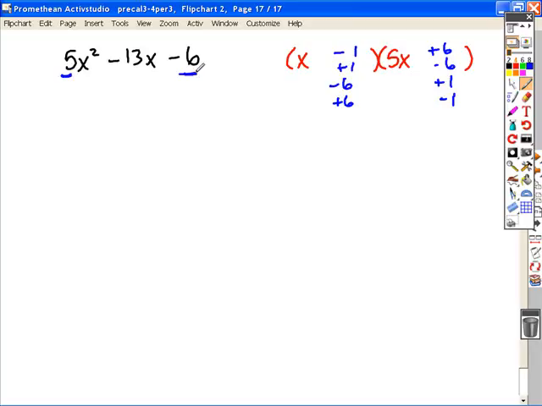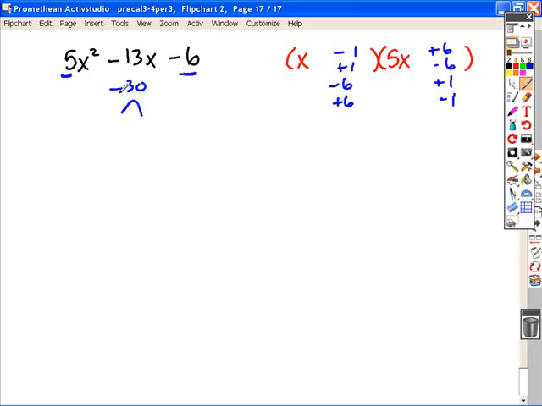What's the product of our leading coefficient and our constant? Are there two factors of negative 30 whose sum is negative 13? Okay, now careful. So if you say 10 and 3, now think about the signs of them.